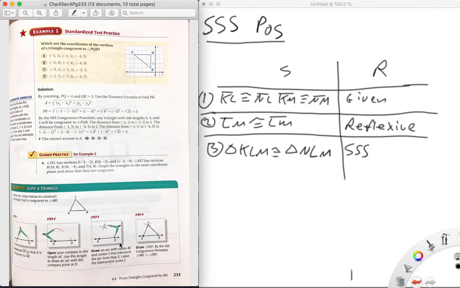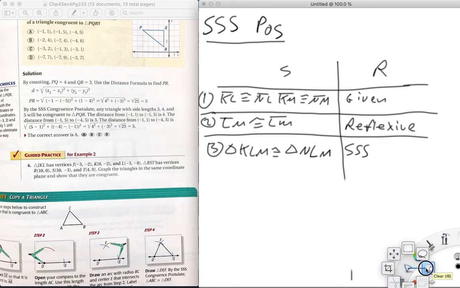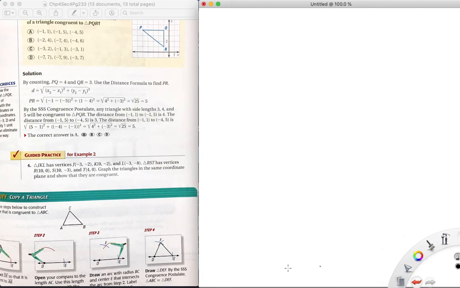I can also use the distance formula for triangles in a coordinate plane to see if all their sides are congruent. And if the sides are congruent using the distance formula, then you can say that they're congruent triangles using side, side, side. Okay, so that's section 4.4.